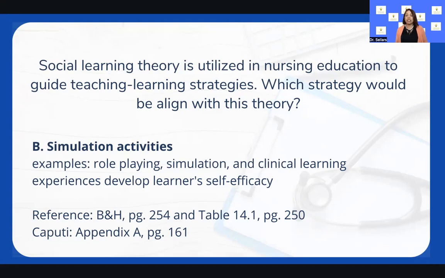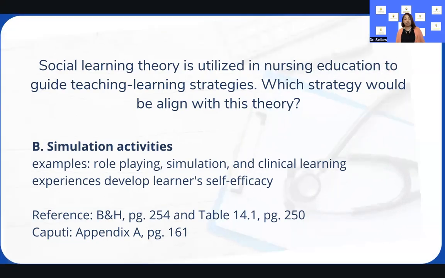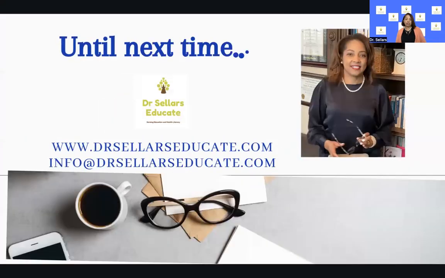That's where you're going to see information on that table about specific tenets or underpinnings associated with social learning theory. And then Appendix A is always a great resource to review, page 161, 5 common learning theories that you want to make sure you're knowledgeable about as you move forward on your journey towards CNE or towards renewing your certification.